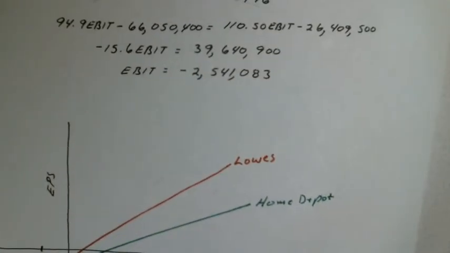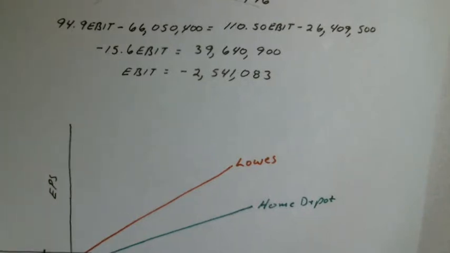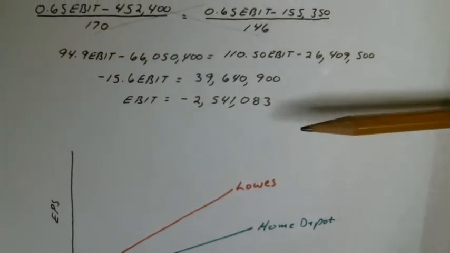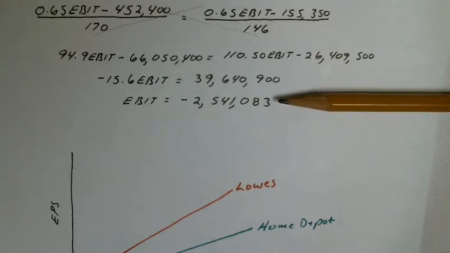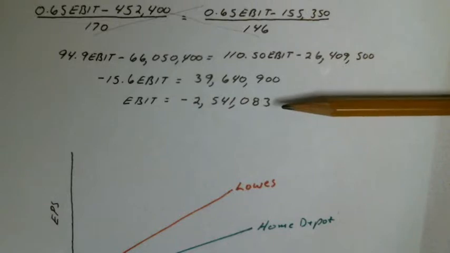But one thing you should be asking yourself now is, how am I going to put this into Excel? One of your thoughts might be, he's finally going to allow us to cold type in a number, in the cell that says EBIT. Guess what? I'm not going to allow you to cold type that in.